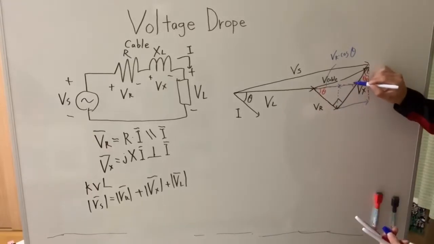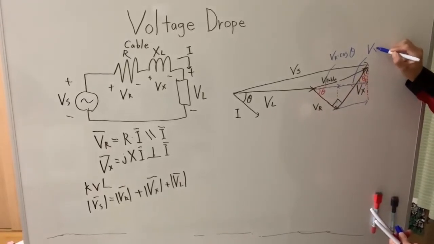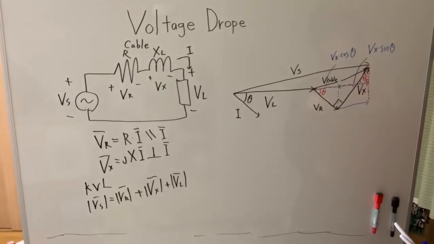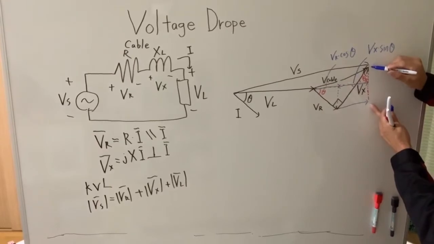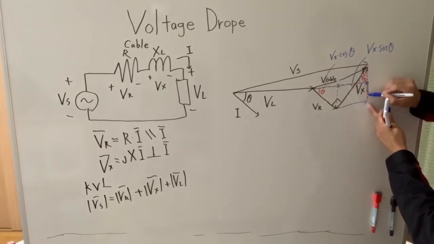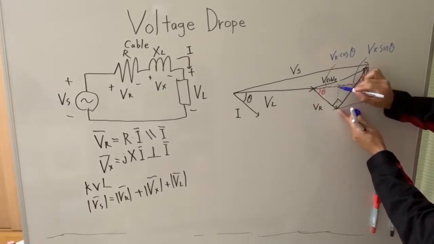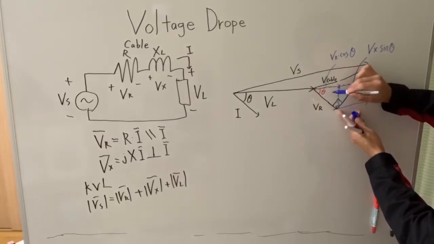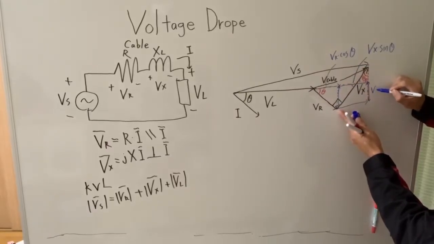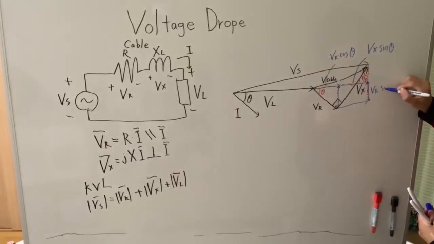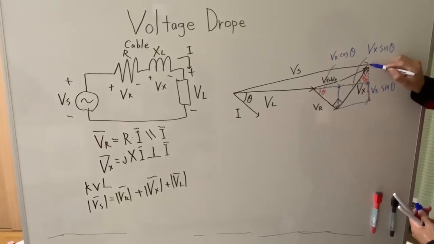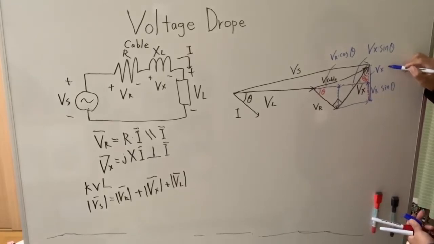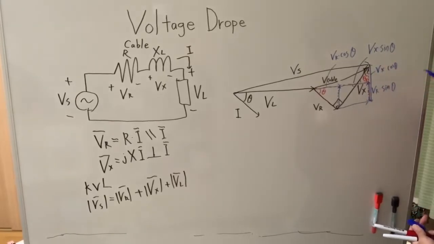So this length here is VX times sine theta, alright? So how about this length here? This is the same as this length. This is VR times sine theta. And similarly, this length is VX times cosine theta.